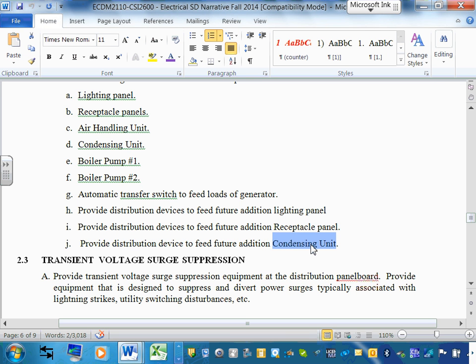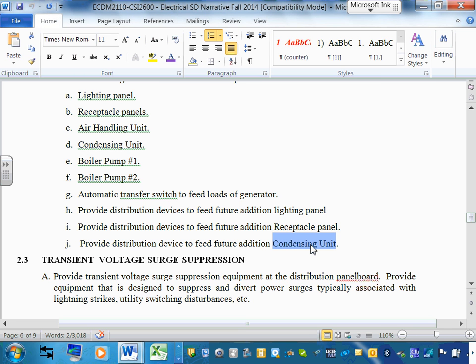So the bigger the distribution system, the more electrical rooms you have. An office building like this, one story, right? Typically it's one electrical room. Any comments, guys, about these?